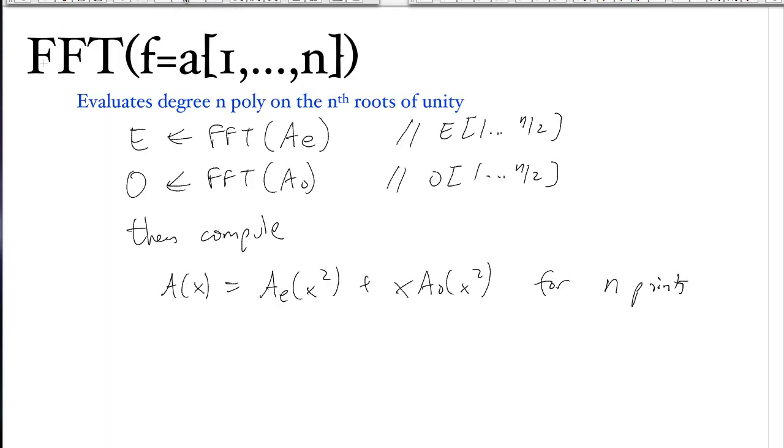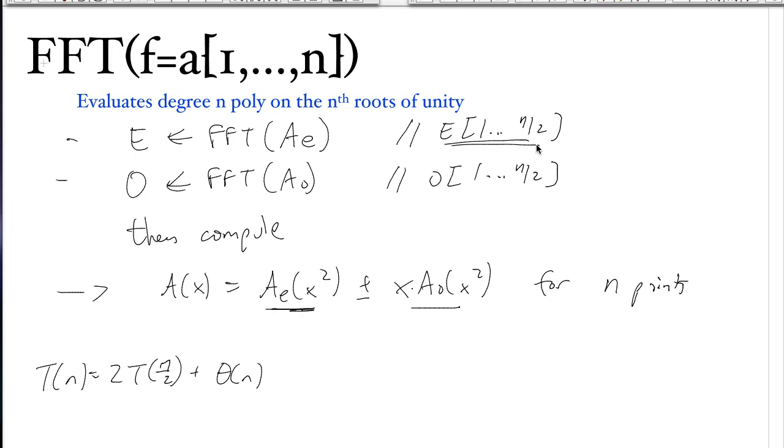This is the basic FFT, and it's going to be n log n because each of these steps is recursive, and this step right here takes order n operations, because it's just an addition and a multiplication. We look up these values in this array. Now that is the algorithmic structure of this FFT.